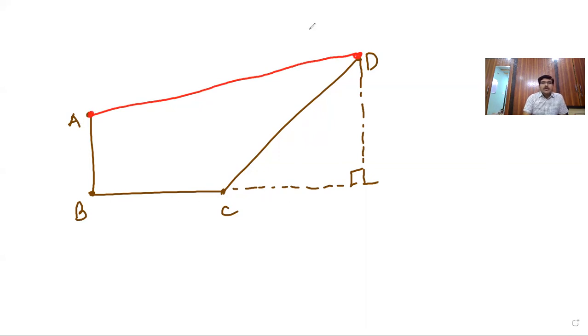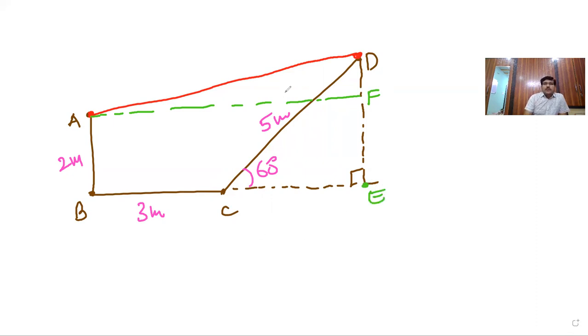Now, you know, AB is 2 meters, BC is 3 meters, CD is 5 meters, and the angle is 60. And here, these are parallel lines. This is F. This is E.